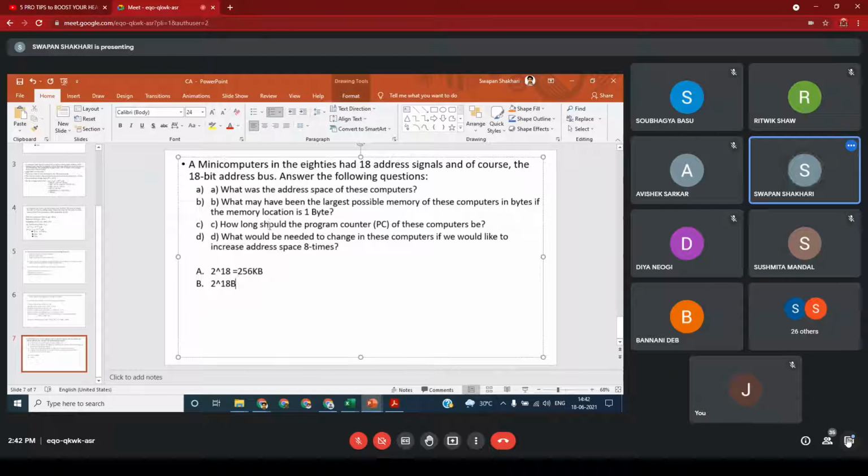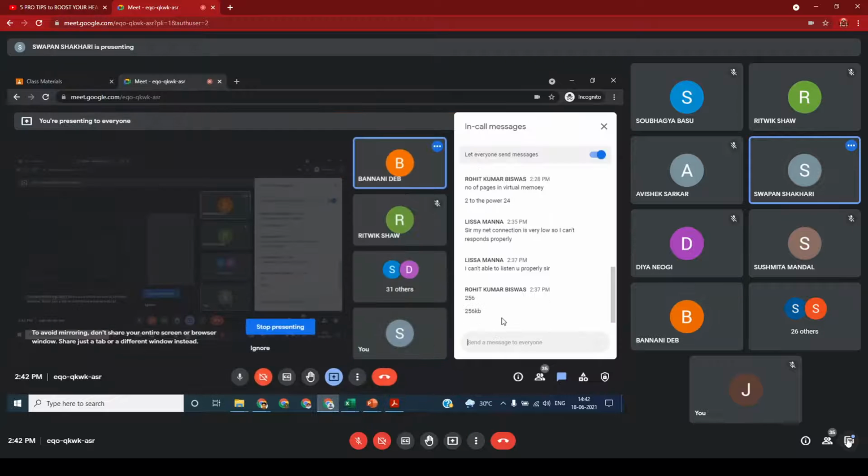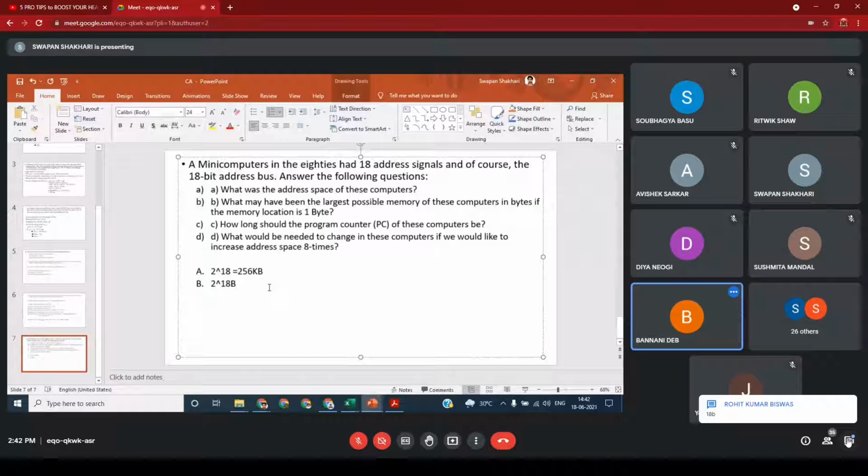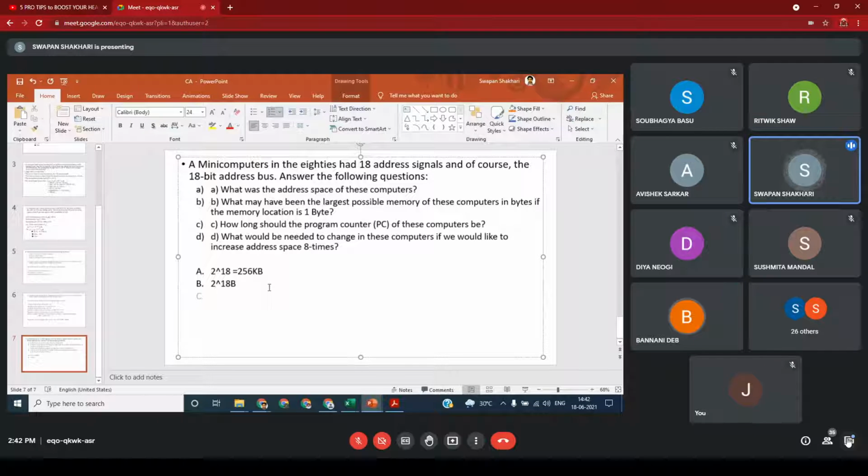Number C, Rohit. Sir, 18. Sir, it needs 18 bits to hold one address, so 18.